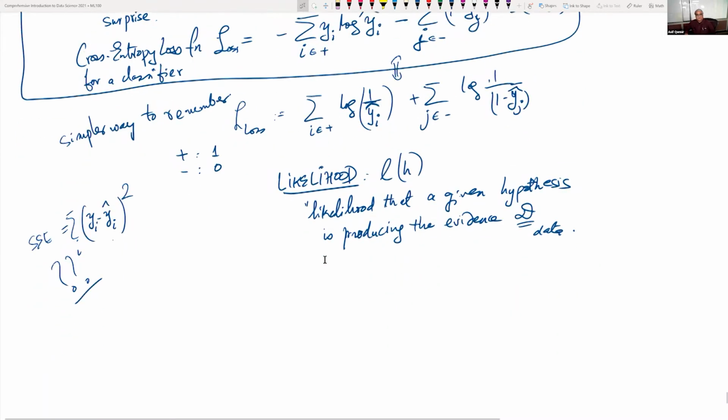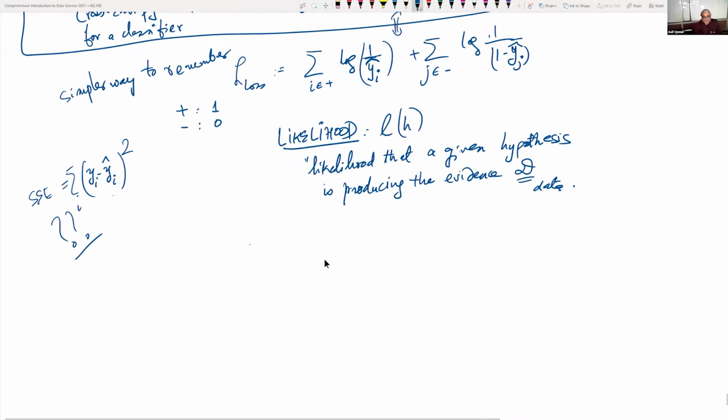Let's take two hypotheses. Hypothesis H1 says the probability of rain is equal to 0.1, right? Hypothesis H2 says the probability of rain is 0.9. So these are two hypotheses.